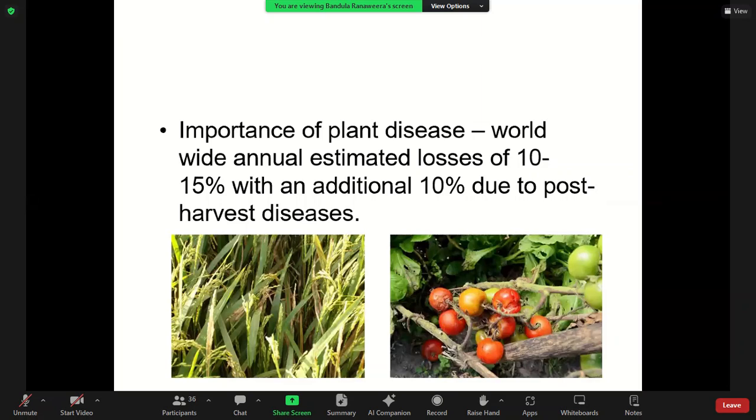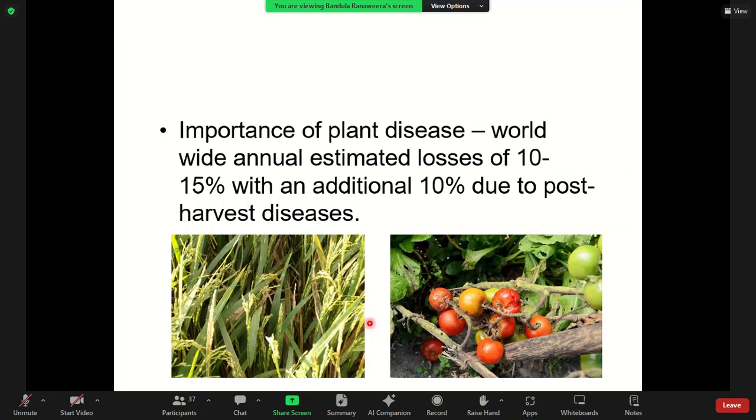Why are diseases important in agriculture or generally in the world? Because due to the diseases, there are many losses possible in plant production or crop production.